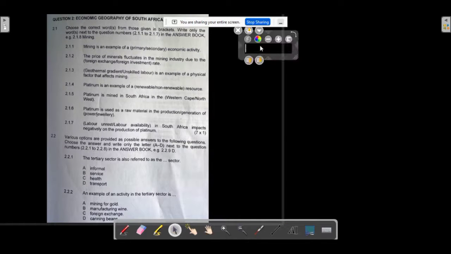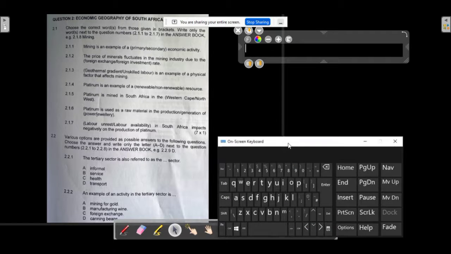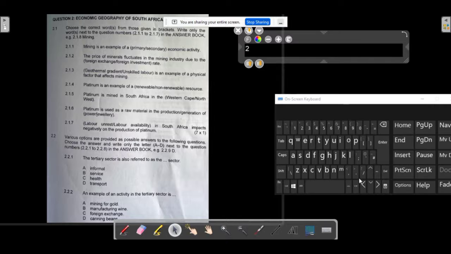Let's write that down. So 2.1.1 says mining is an example of a primary or secondary economic activity.